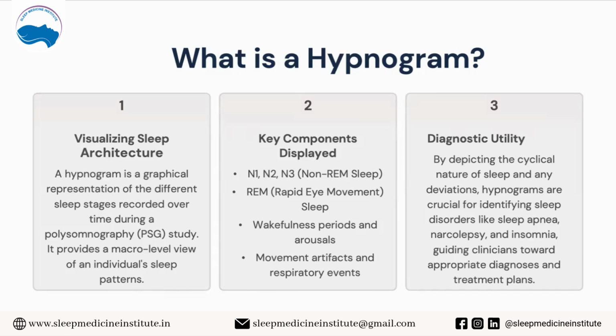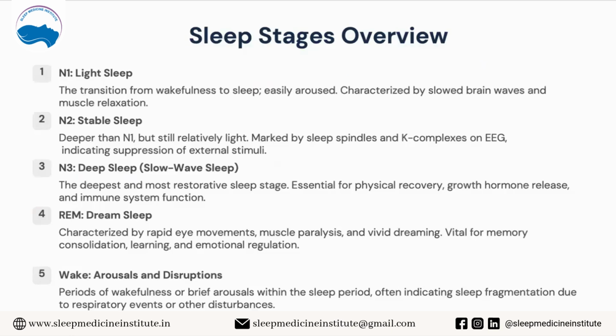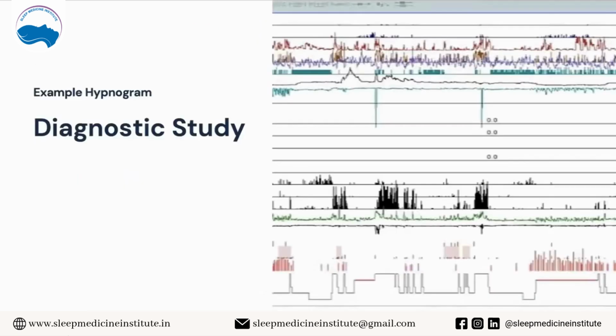So you can correlate this with your history. What about sleep stages? You can identify the light sleep, which is the N1. Then you can see the N2, and the chunks of N2. You can see N3, what time it came, how many times it came, what durations it came for, when the dream sleep, the REM sleep, came, and the arousals.